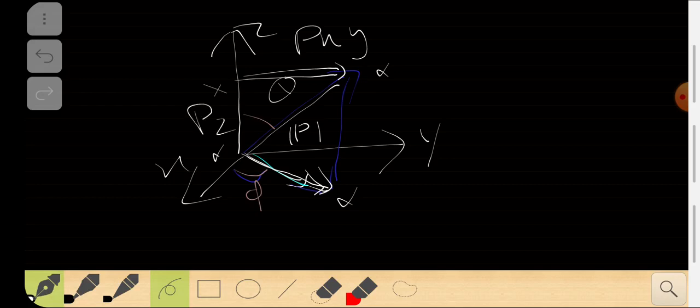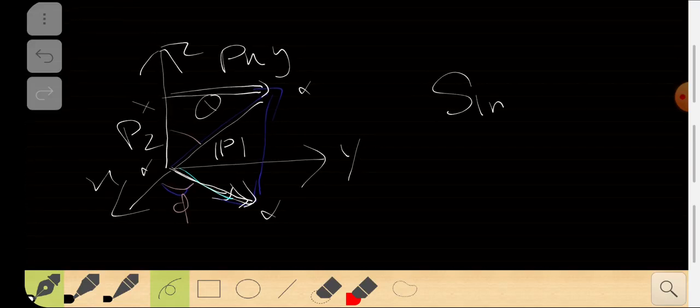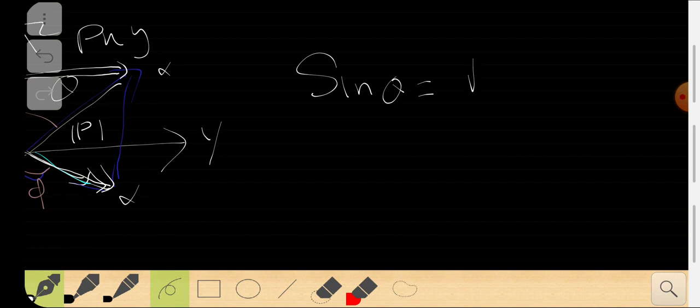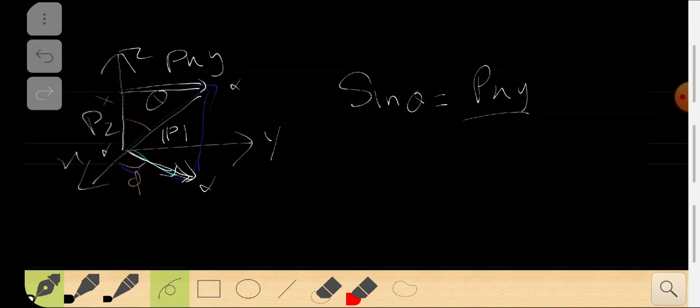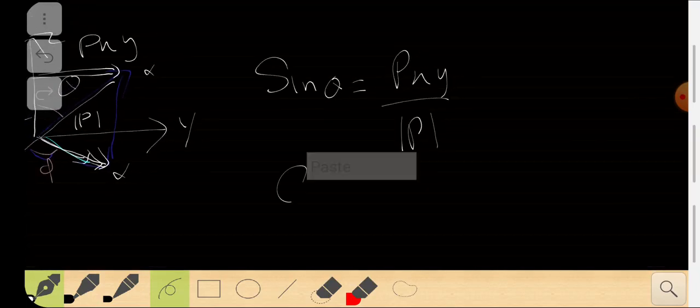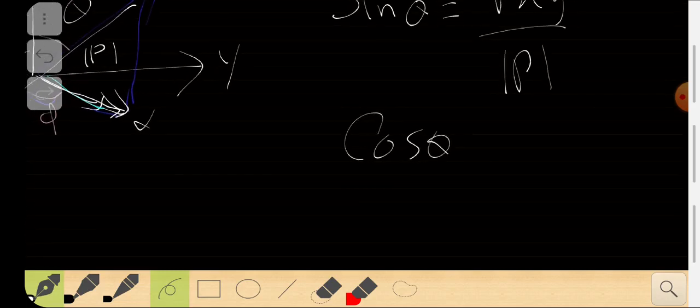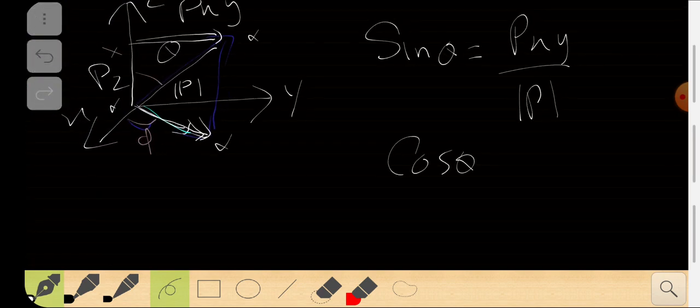Now let's say this is the angle theta. Let's find sine theta. Sine theta will be pxy by the magnitude of p. And similarly cos theta will be pz by the magnitude of p.